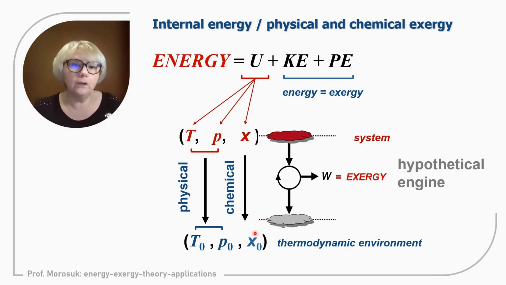In order to, first of all, calculate chemical and physical exergy, but also to understand the meaning of physical and chemical exergy, we will continue to use a hypothetical engine, and the work that will be generated by this engine will be physical or chemical or together. Exergy depends on how we will describe the thermodynamic environment, because the system is the system. This is clear.